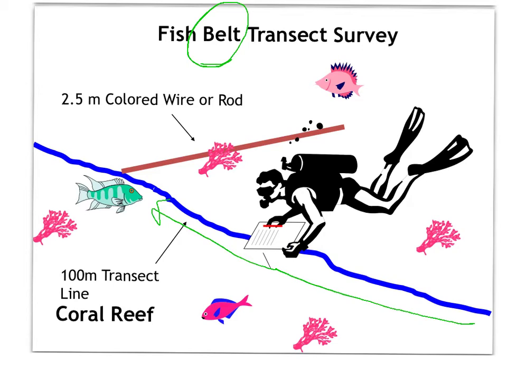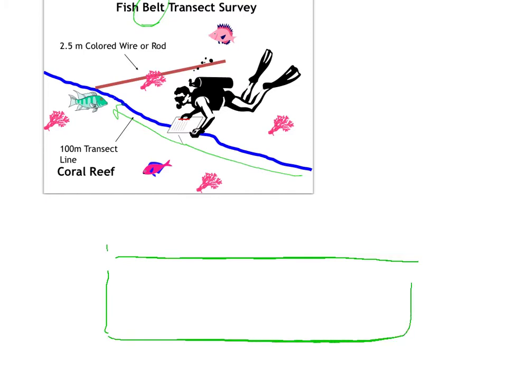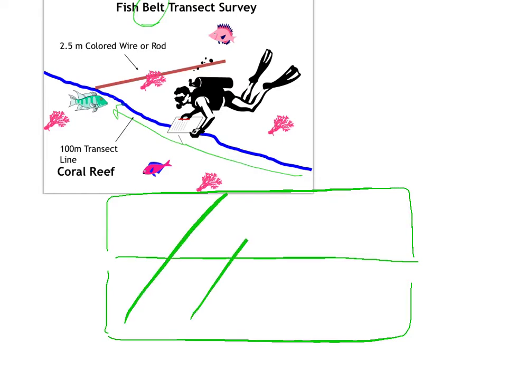Okay, so in order to have a belt, we have a certain amount of area alongside the line. So if this is our 100-meter transect line, what we want to do is estimate the number of fish that are 2.5 meters out from this line in this direction and 2.5 meters on the other side of this line. So it's really this total area here, which is 5 meters in total, times our 100-meter transect line.